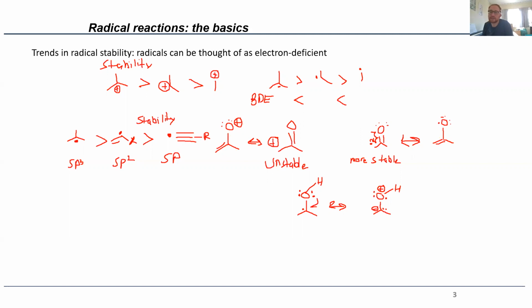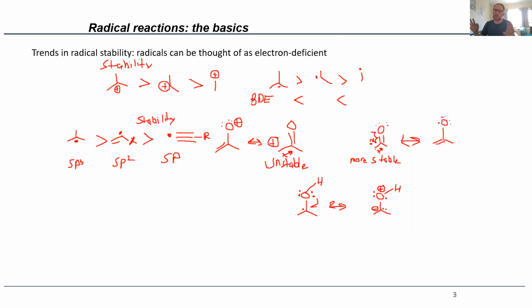And so it does not significantly stabilize the alpha carbocation as much as the inductive effect destabilizes it. Right? Electron density gets pulled away from that carbocation. In the case of radical resonance structures here, the inductive effect is present, but this resonance effect is much more present, and so it's a net stabilizing factor.